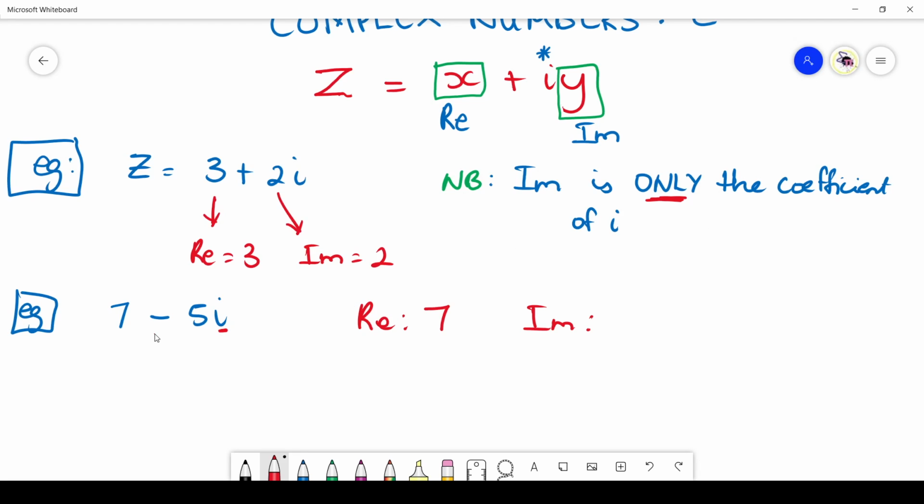Now, in this case, we can see that the coefficient of i includes a negative number. So we must include that sign of negative, right? So it's negative 5, not positive 5. If you were to rewrite this, you can rewrite it as 7 plus negative 5i. Okay, just so you can see it. Gave you guys a visual there.